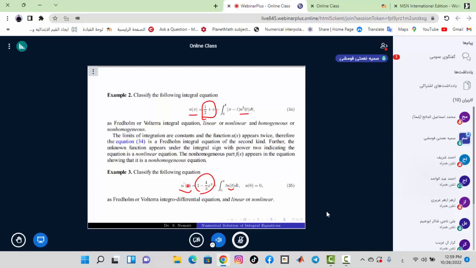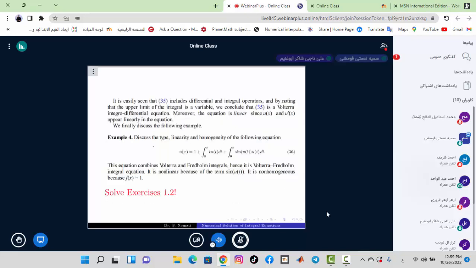So until now, we know that this is a Volterra integral differential equation and it is non-homogeneous. Okay, doctor, clear.